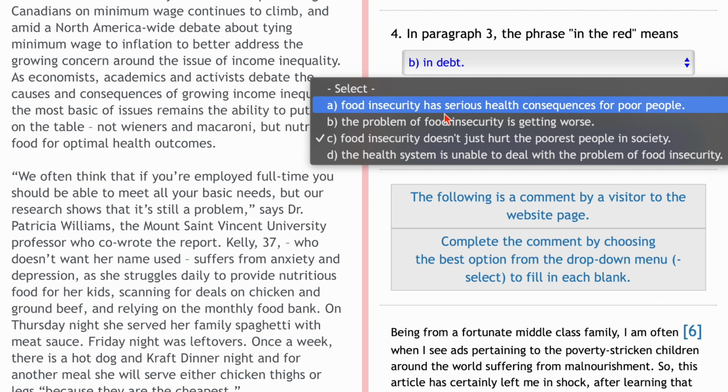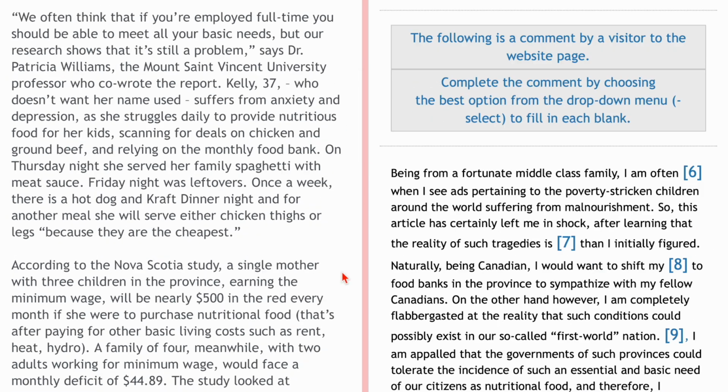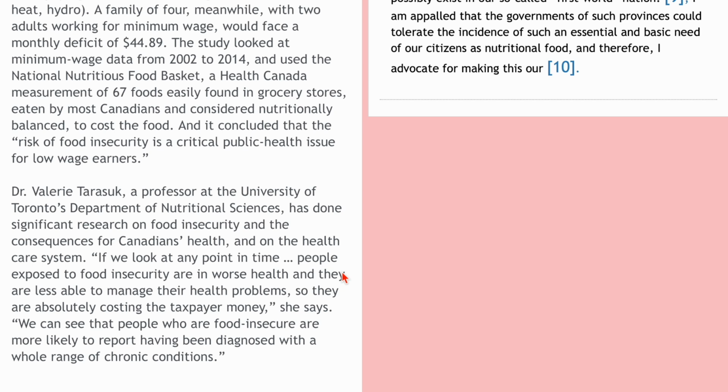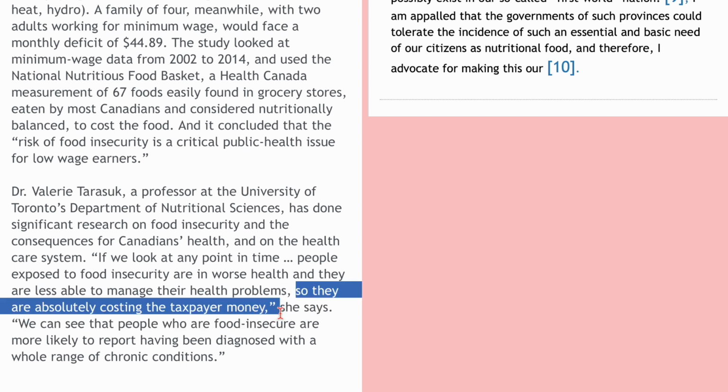It talked about food insecurity. But also, I see here the poorest people, but doesn't just hurt the poorest people in society. The reason for that, if we look at any point in time, people exposed to food insecurity are in worse health and they are less able to manage their health problems. And then, key. So they are absolutely costing the taxpayer money.